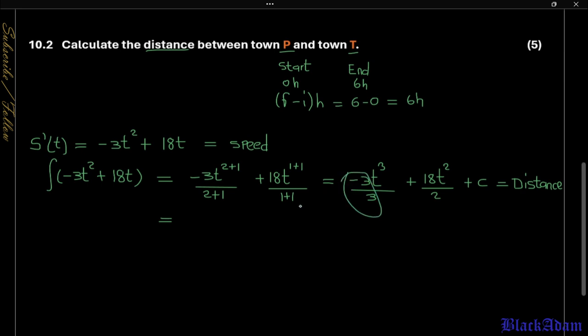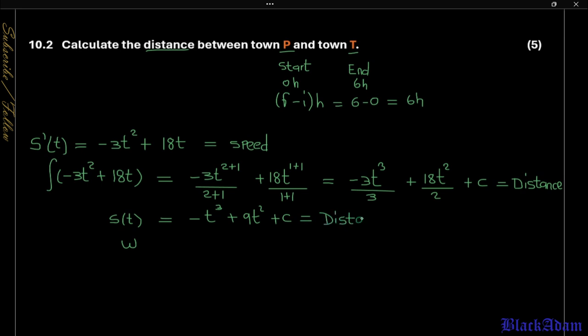So that gives us negative 1, so it's negative t to the power 3, and that gives us 9, so 9t squared plus c, and all of that is going to be s. That equals the distance, right?